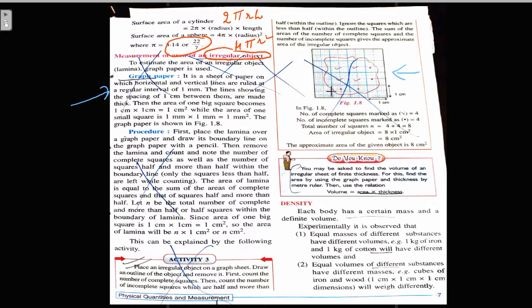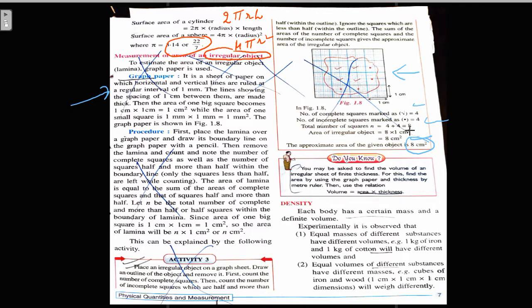Like this, it has gone into the half squares, right? So here the complete squares have been marked as 4, and incomplete have also been counted as 4. So total number of squares is 4 plus 4, 8. So area of the irregular object is 8 into 1 centimeter square equal to 8 centimeter square. So its approximate area would be 8 centimeter square, right?